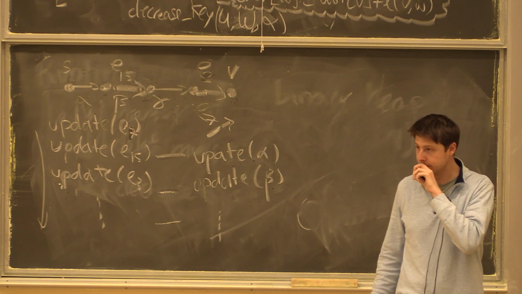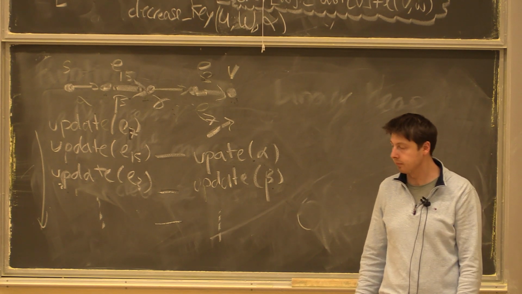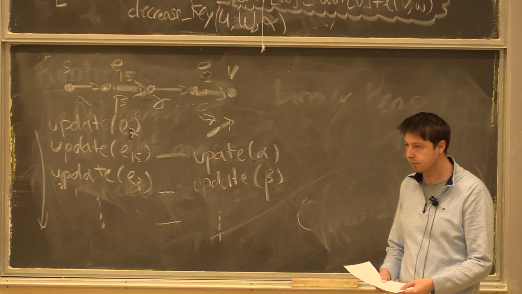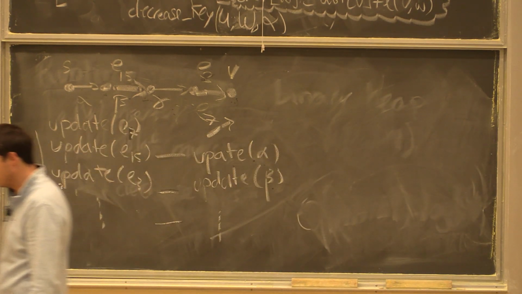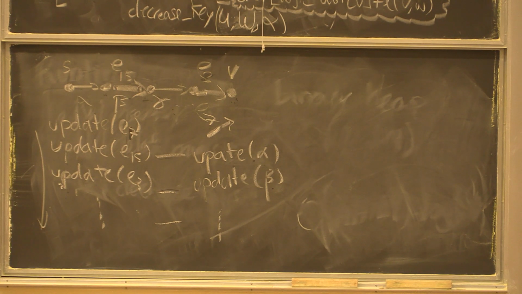Yeah? Can you use BFS from S and as you're seeing stuff in the level, just update those and then go to it? So the suggestion was, can we do BFS from S? I can't come up with a counterexample on the fly, but the issue is that BFS may not consider all sequences. There might be sequences that are not ring-like in the way that BFS reasons, right?